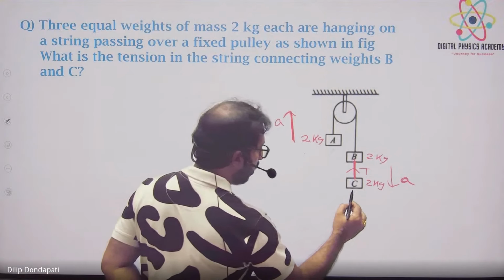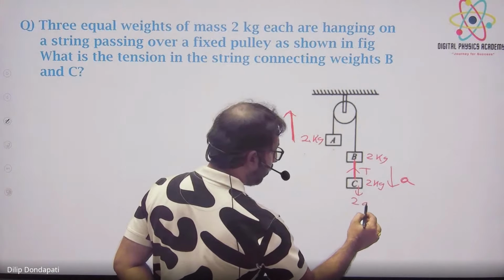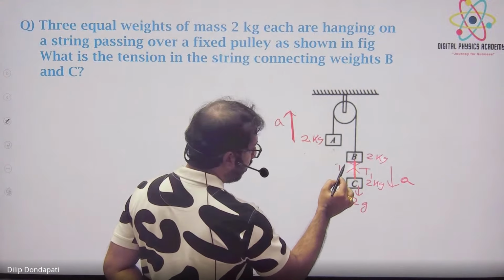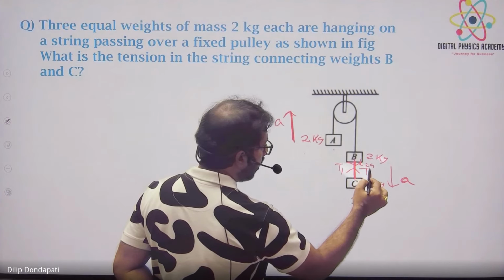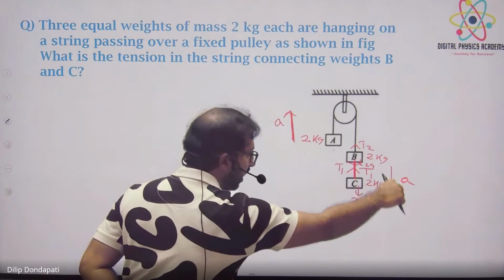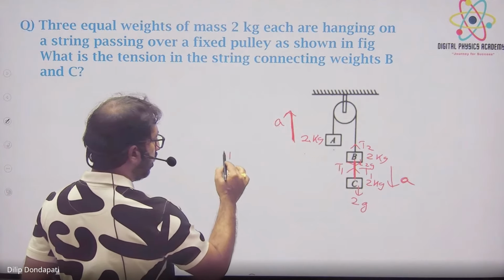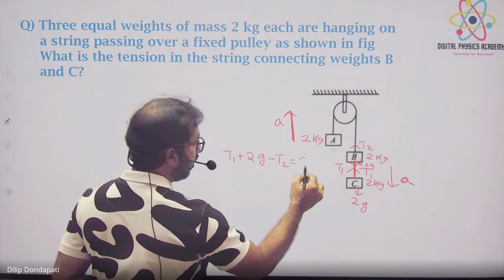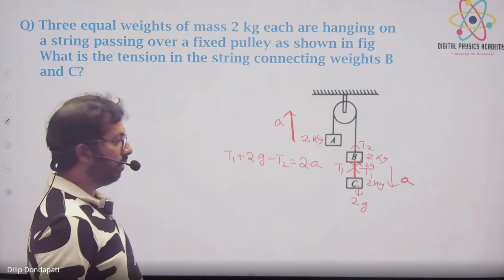Sir, I have a doubt. Sir, for a free body diagram of B, will it be mg minus T1 minus T2 is equal to ma? देखो इसके ऊपर व्हाट इज द फोर्स एक्टिंग ऑन दिस, 2G. ऊपर टेंशन T1 बोलो। ये वाला भी T1 है, A वाला 2G है, और ऊपर T2 है। सो व्हाट इज द एक्सेलरेशन डायरेक्शन में नेट फोर्स कौन सा है? एक्सेलरेशन डायरेक्शन में द फोर्सेस शुड बी टेकन एज पॉजिटिव, सो T1 प्लस 2G माइनस T2 इज इक्वल टू ma। दिस इज B का इक्वेशन.